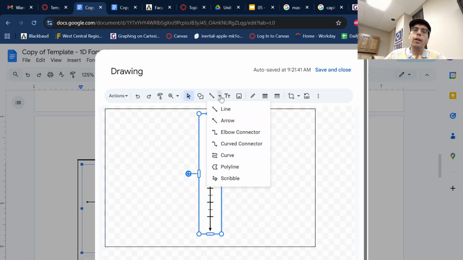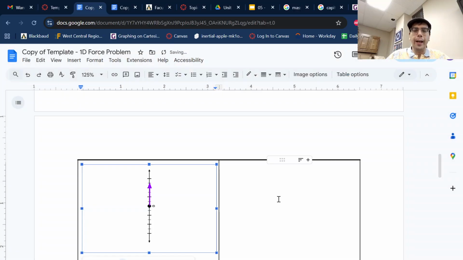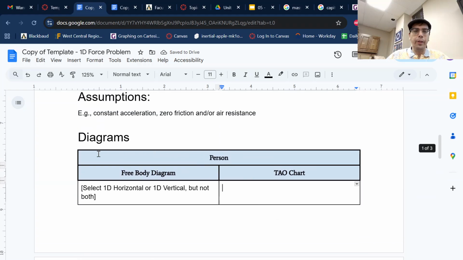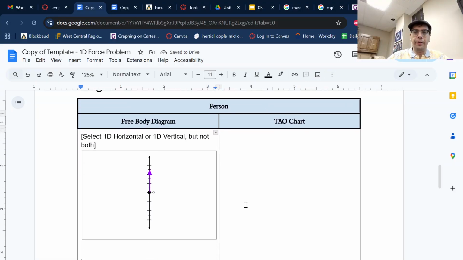So tell me about those forces. What force do we have up? What force do we have down? Okay. So I'll have spring go up and I'll make it, I think I made it 5 tick marks just for a number. And I'll go ahead and add that to the TAL chart. And again, TAL stands for type, agent, and object.